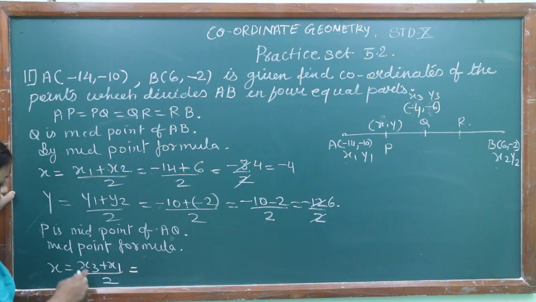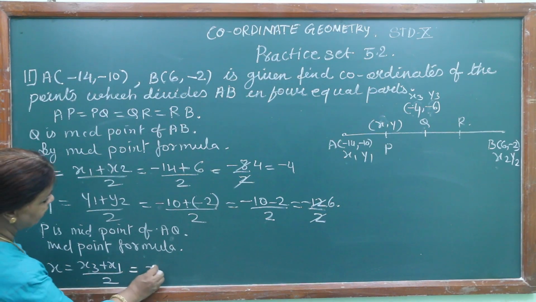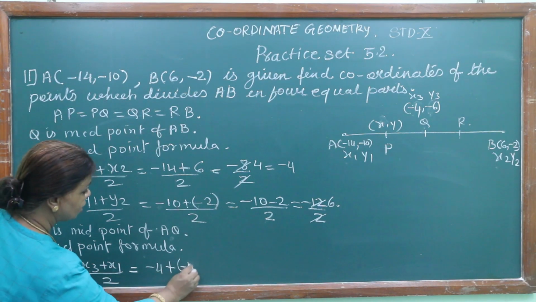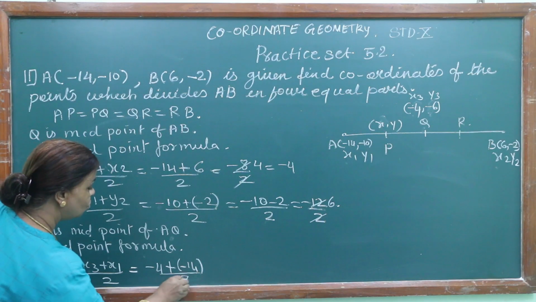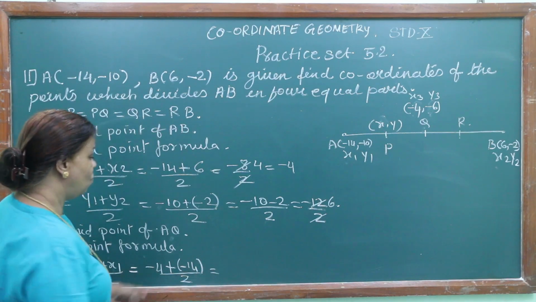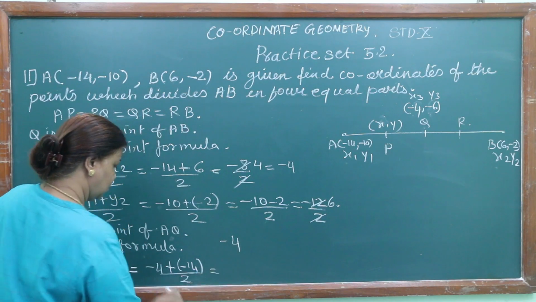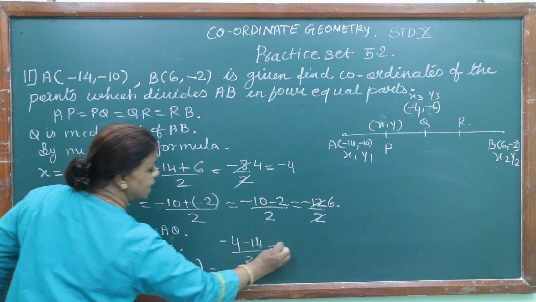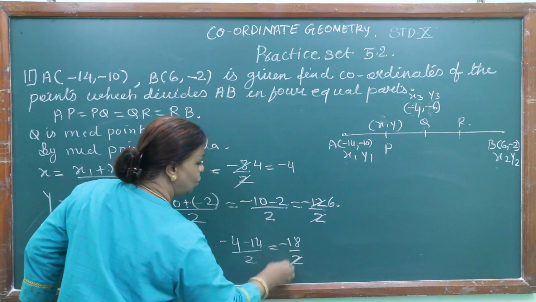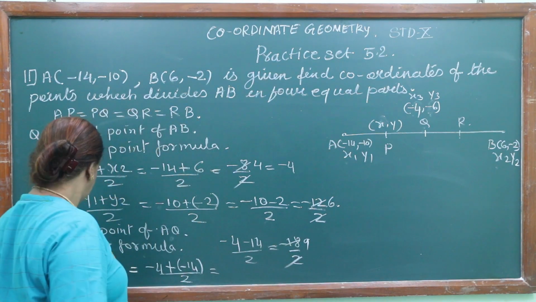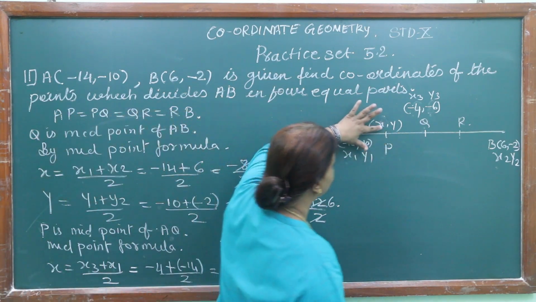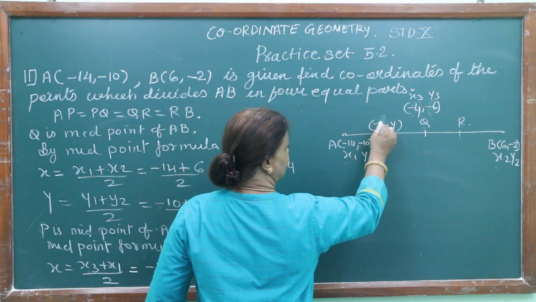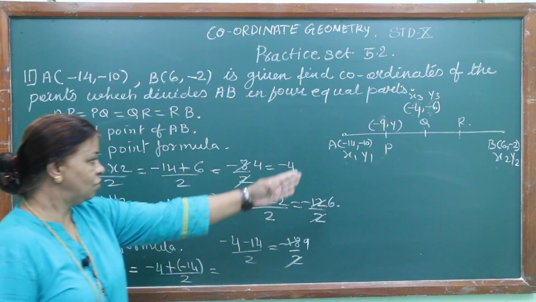Place the values. x3 is minus 4, children, plus x1 is minus 14 upon 2, then minus 4 plus minus 14 upon 2, which is minus 18 upon 2, 2 nines are 18. So the x coordinate of point P will be minus 9, children. Let me write here minus 9. Now let us go for the y coordinate.